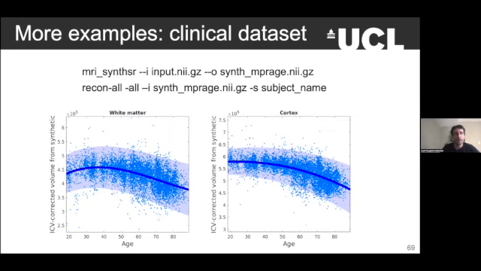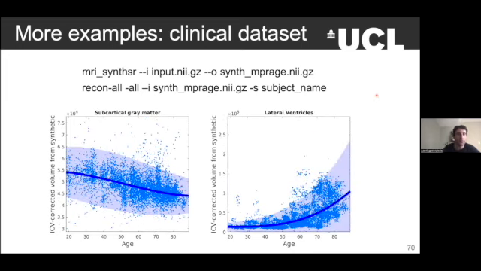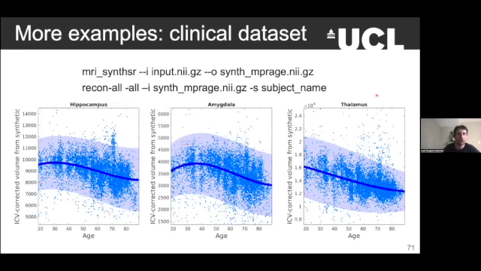And you get pretty neat curves with your nonlinear effects for the white matter, which still goes up in the earlier years of the data that we have, which is from 20 to 90, and then goes down. The cortex goes down from the beginning, which we all know from the literature. This is the cortical gray matter, the ventricles with their characteristic quadratic relationship, hippocampus, amygdala, thalamus, and so forth.